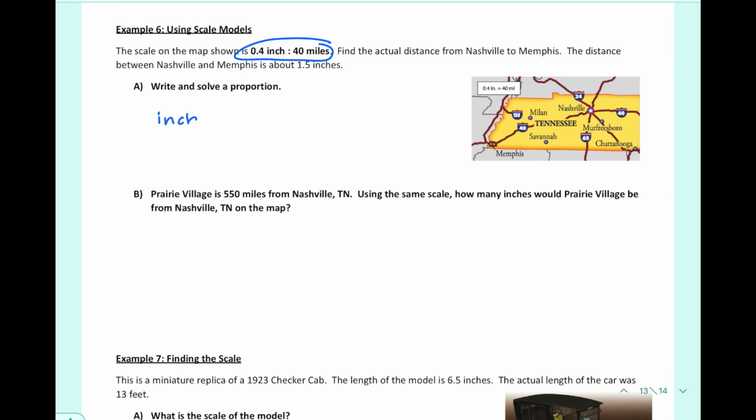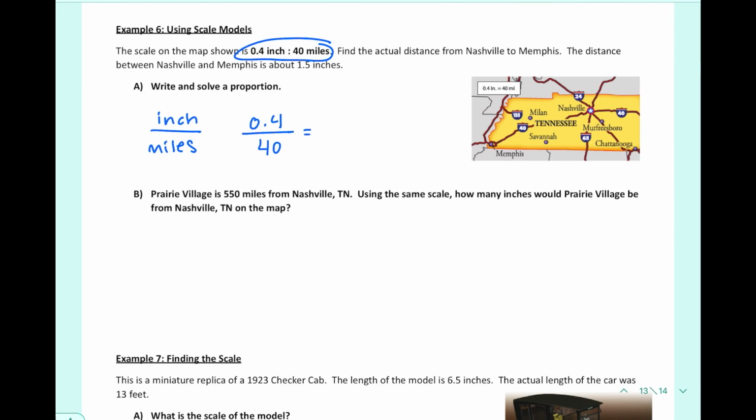Don't forget, though, we can also have that be a fraction because ratios are just a different way of formatting fractions. And so I'm just going to label, there's not really new and old on this one necessarily, but we do have inches and miles. And I know that 0.4 of an inch is equivalent to 40 miles. So those two things are related.